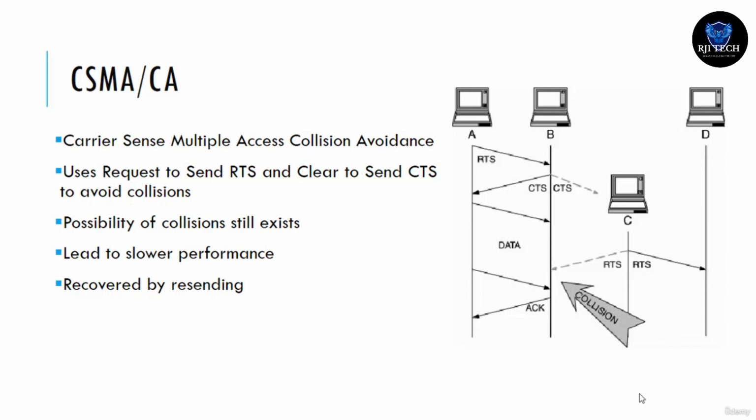Recovery of collisions is done just simply by resending the information that has collided with each other. Resending means slower. Resending means poor performance. But this is the way that the CSMA/CA depends on to avoid collisions or to recover from collisions that have already happened. By now we have introduced the Wi-Fi protocol briefly.